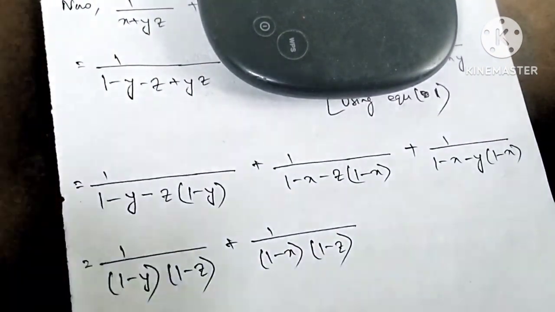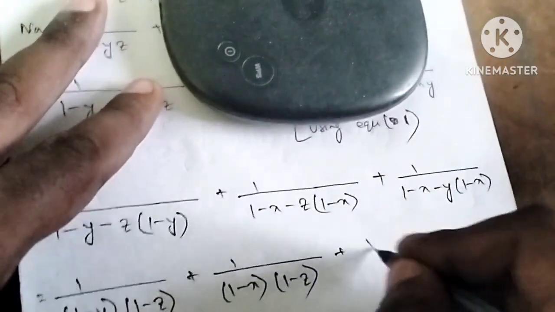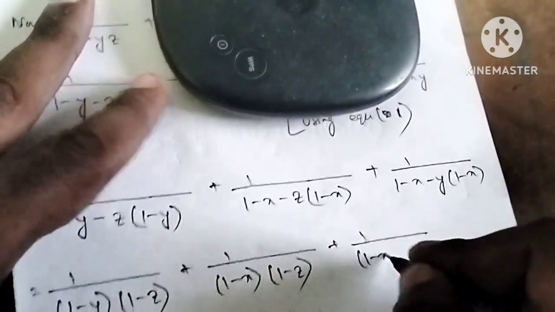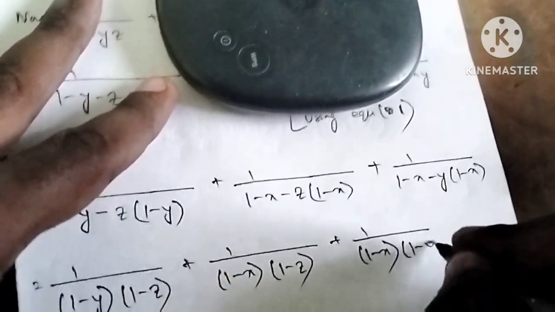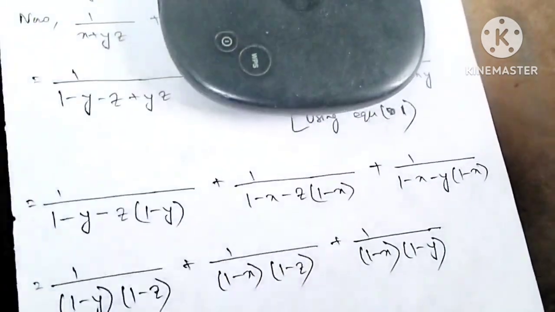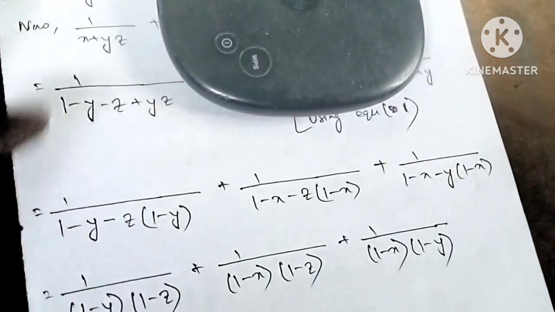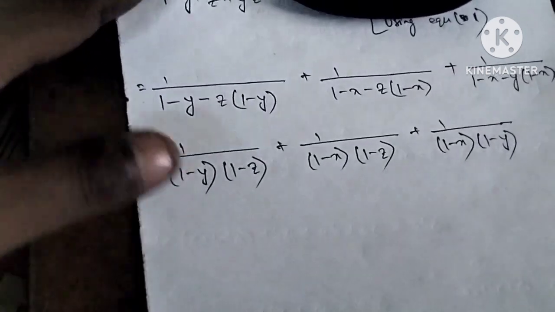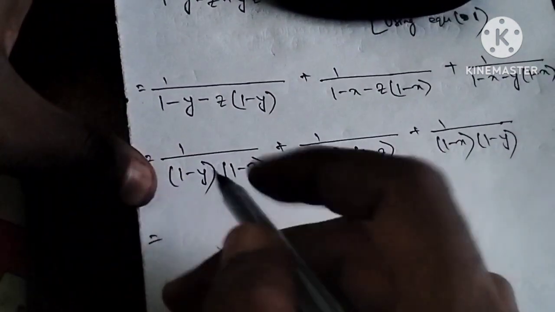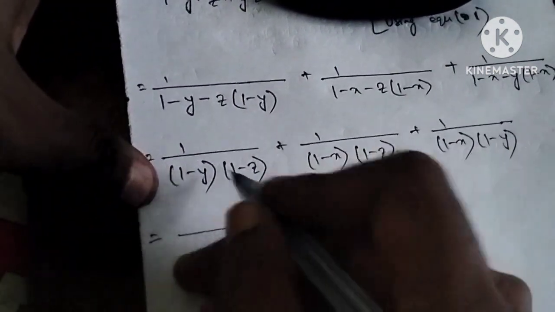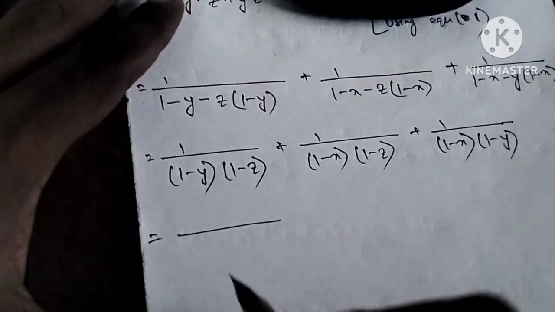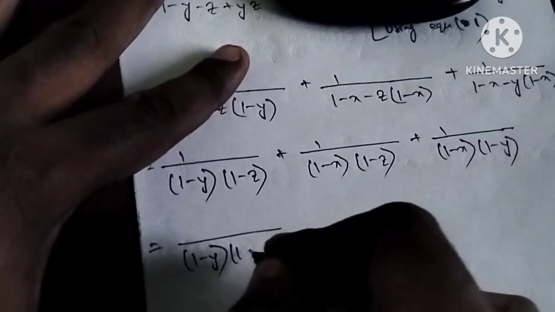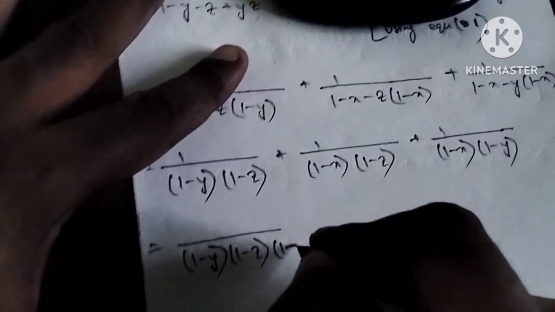Okay, here 1 minus x, I can take common, 1 minus x into 1 minus y. Clear? So now what will you do? In the first term, we'll multiply both the numerator and denominator by 1 minus x.